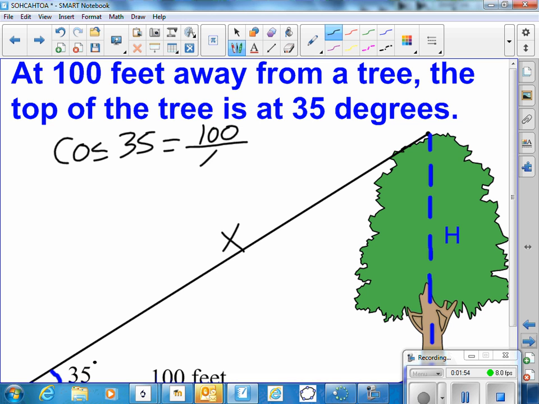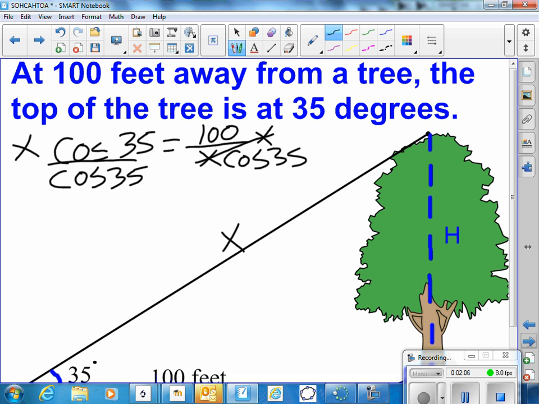Should we call it x? So solving for x, we'll multiply both sides by x. We're going to divide both sides by cosine of 35. So x is equal to 100 divided by the cosine of 35.